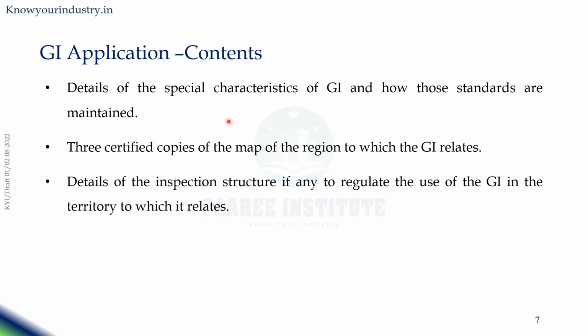The details of the special characteristics of the GI and how those standards are maintained. 3 certified copies of the map of the region to which the GI relates. Details of the inspection structure, if any, to regulate the use of the GI in the territory to which it relates. So these are the details we need to submit with the application.